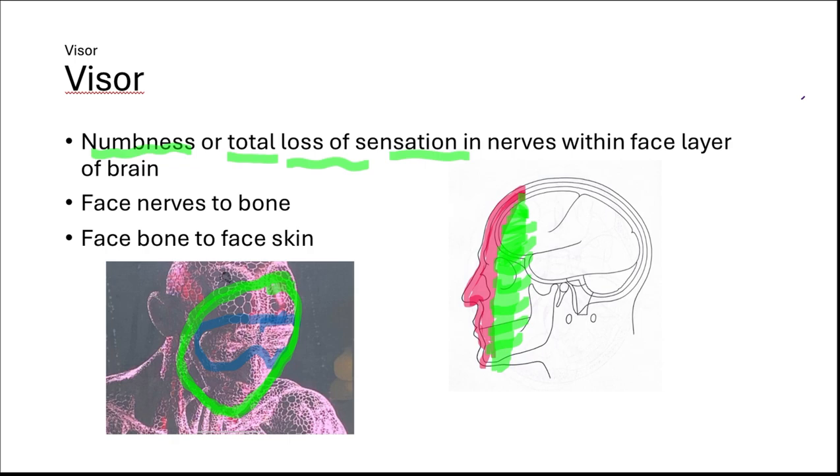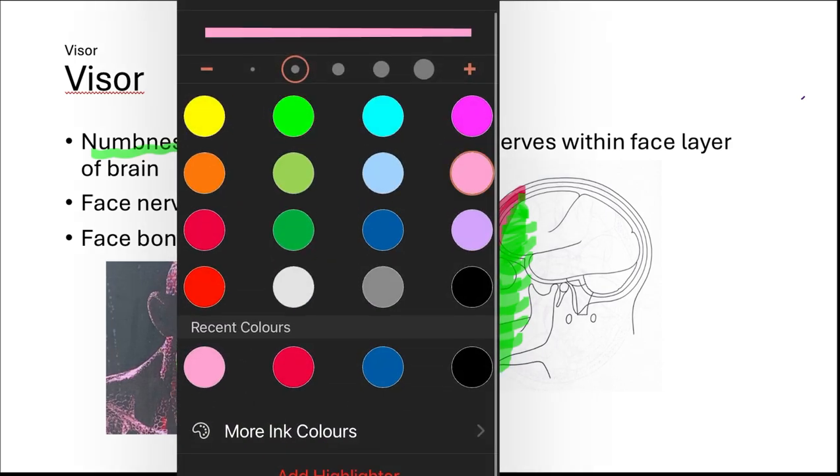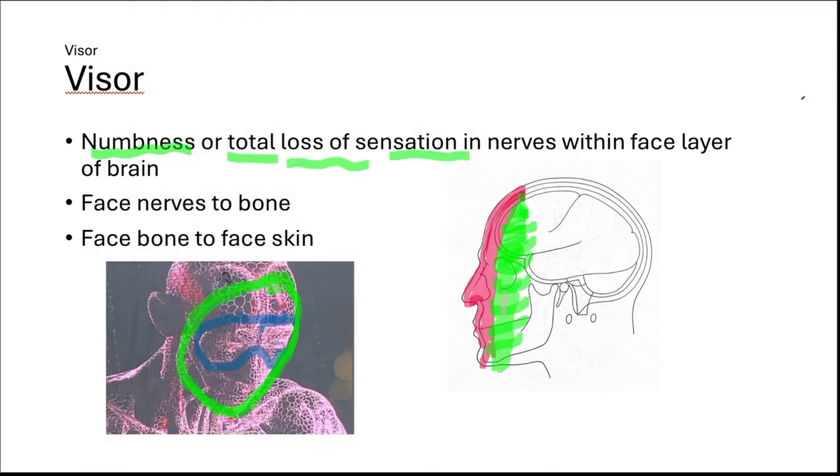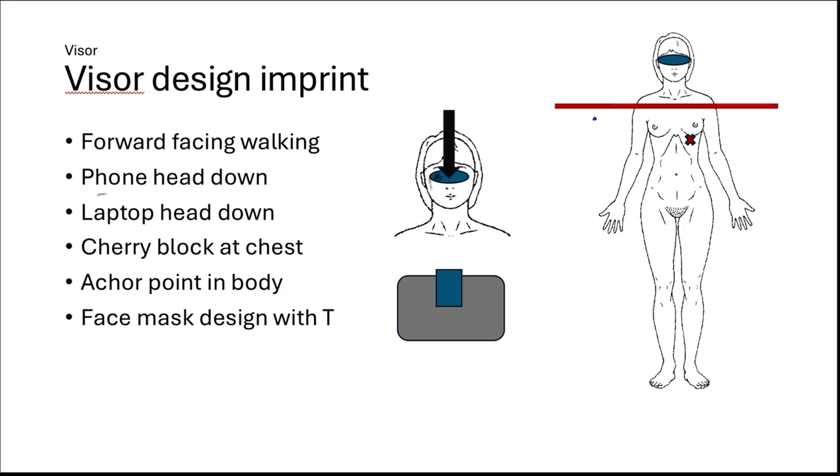But there's just patches of sensation that are experienced depending on what the person thinks about, or which part of the technology is activated into the nerves to create what response. So the visor design is imprinted into the face, and then it creates sensations or instructs movement.